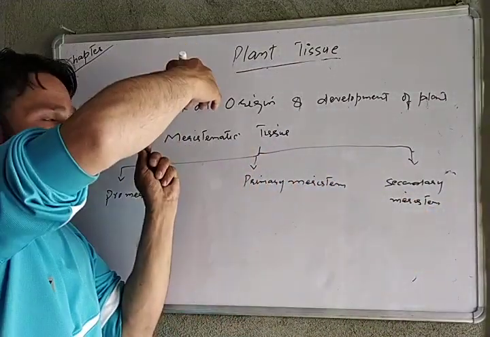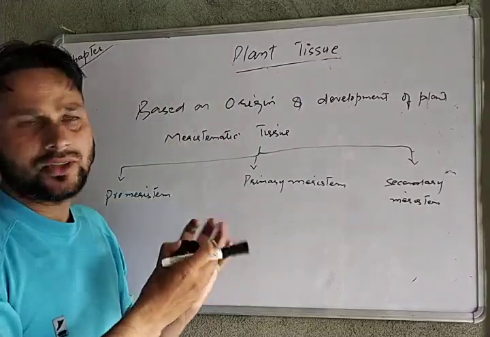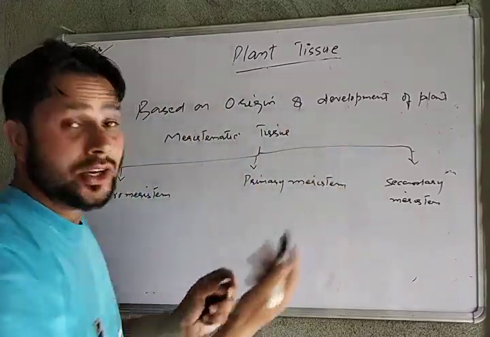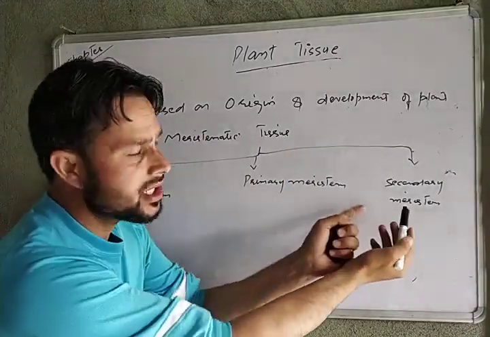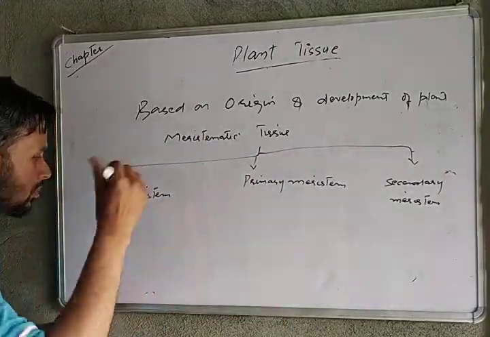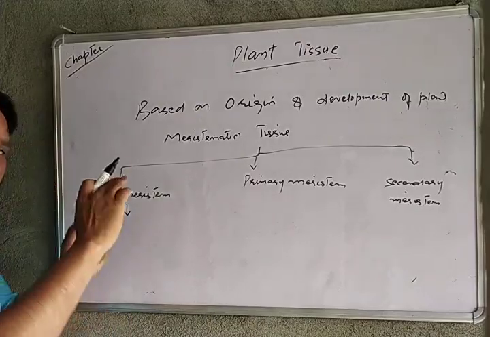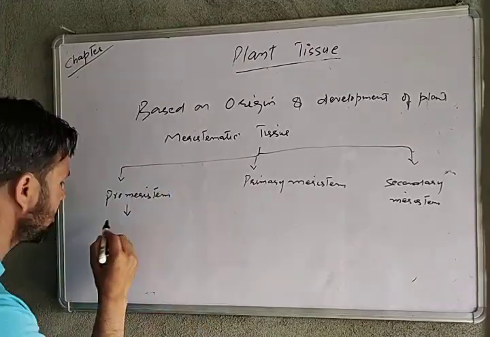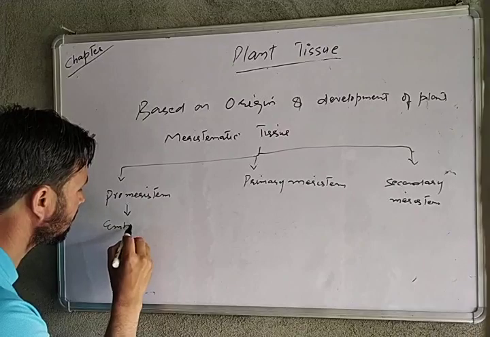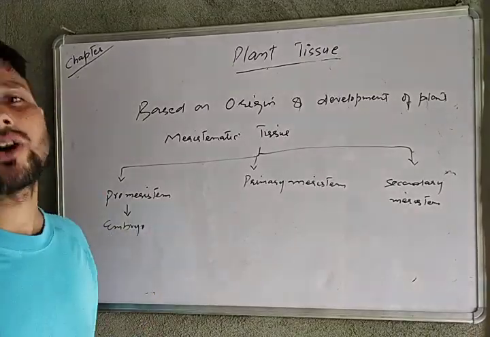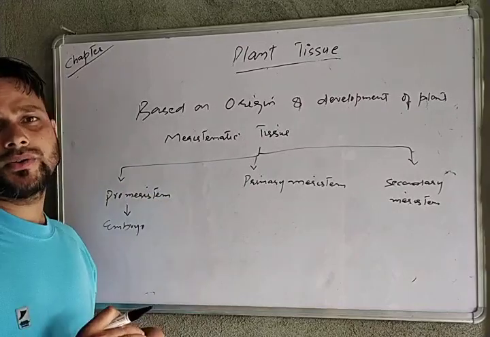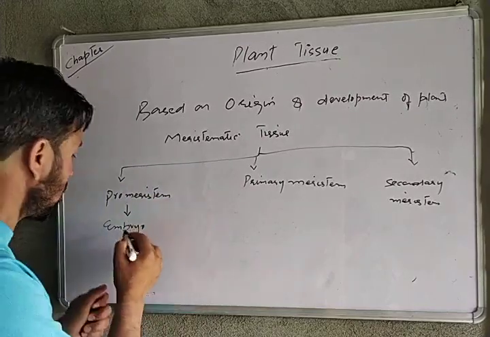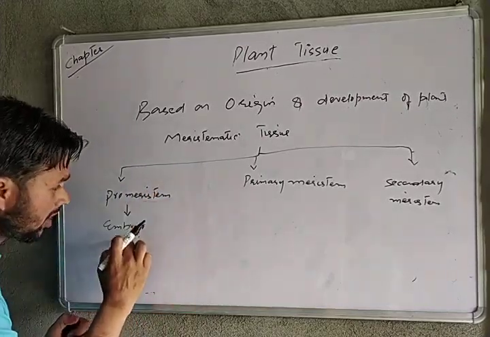Apical meristem was based on position, but based on origin and development of the plant, meristematic tissue has promeristem, primary meristem, and secondary meristem. This promeristem originates from the embryo, because the embryo is an undifferentiated mass of cells which have the power of division. So it originates from the embryo.